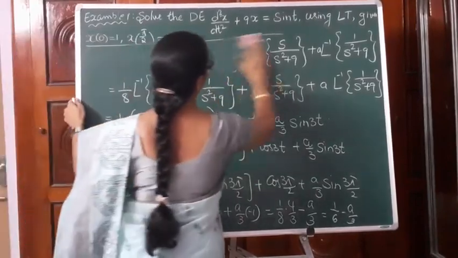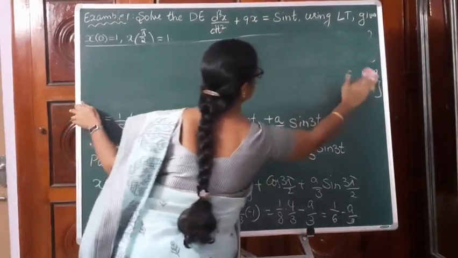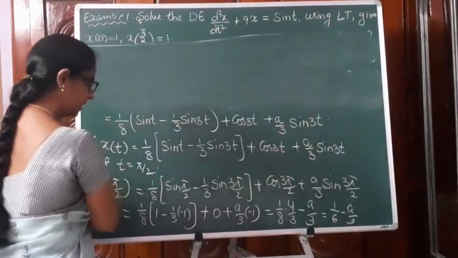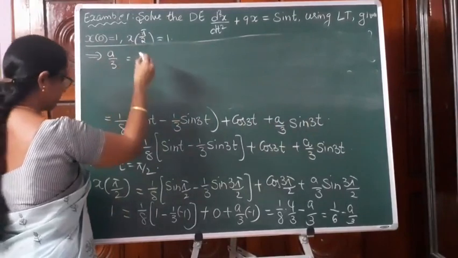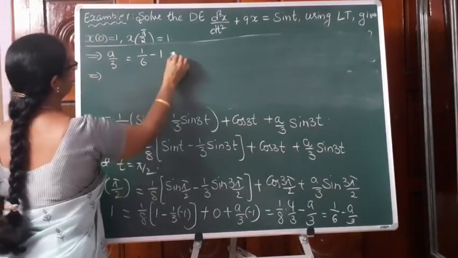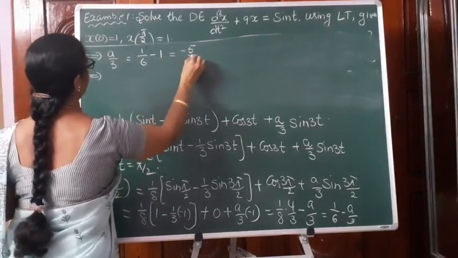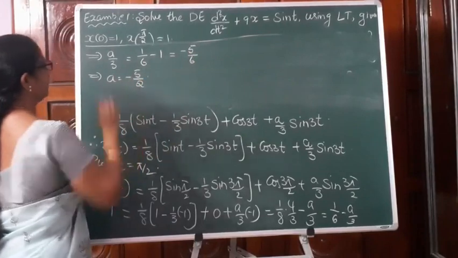Therefore, what is a from that? So a by 3 is equal to 1 by 6 minus 1, which is minus 5 by 6. So a is equal to minus 5 by 2.